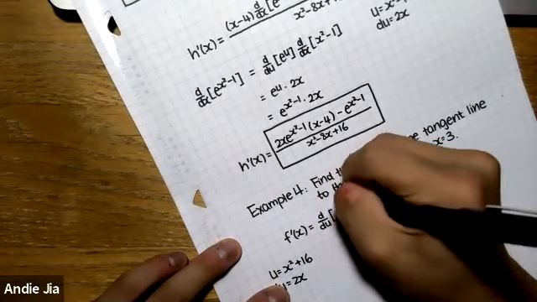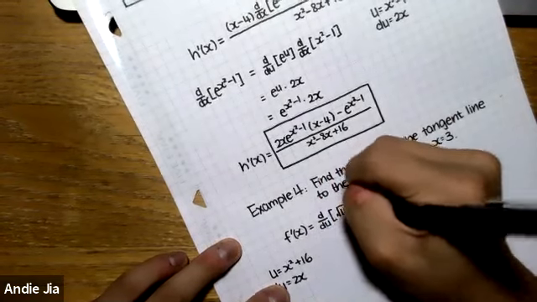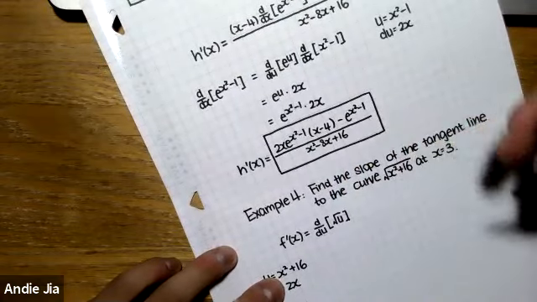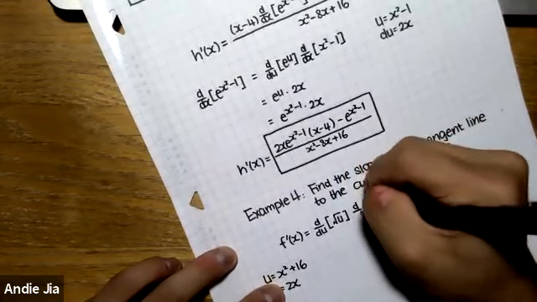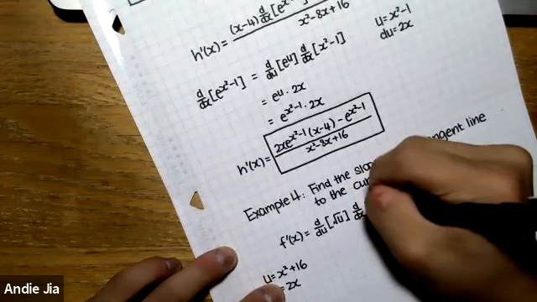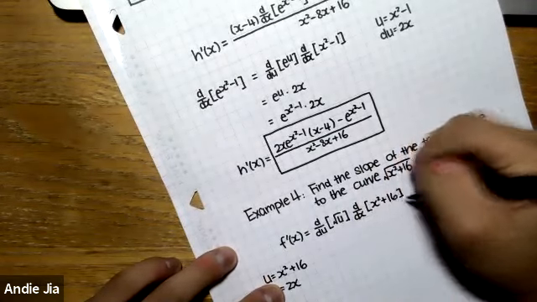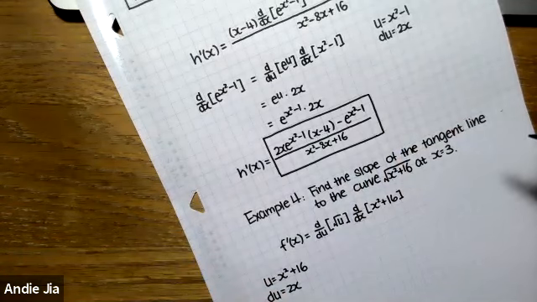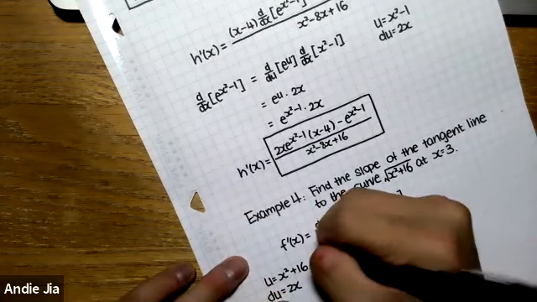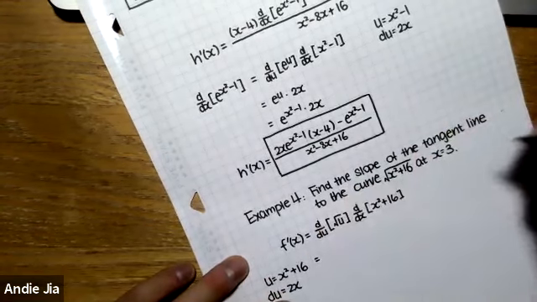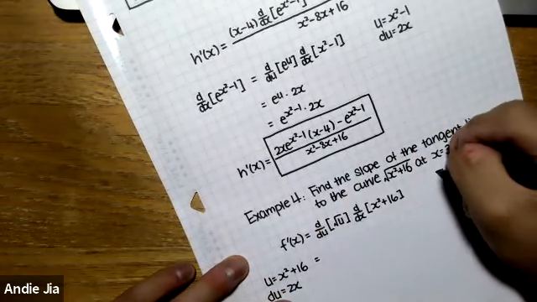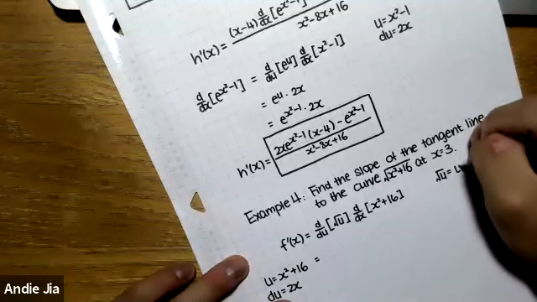We have d/du of the square root of u times d/dx of (x²+16). This is u to the 1/2. Remember this.